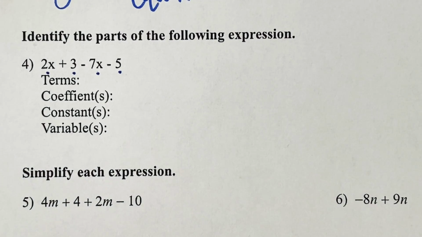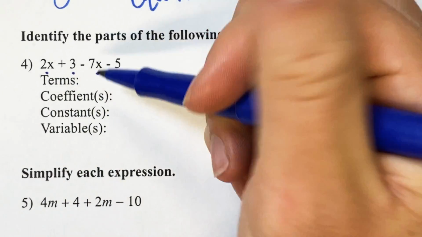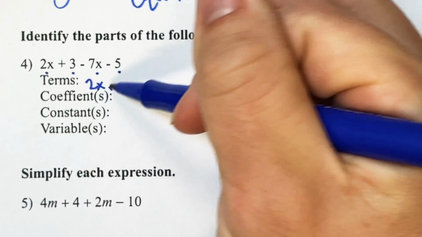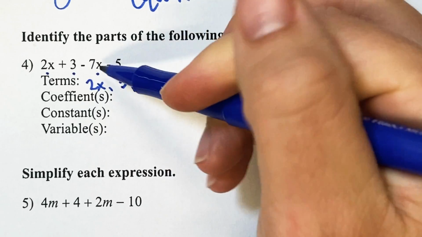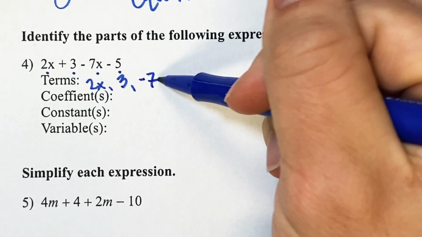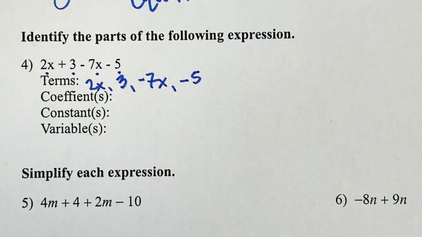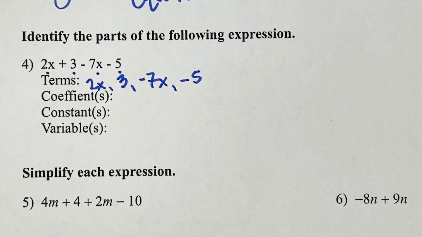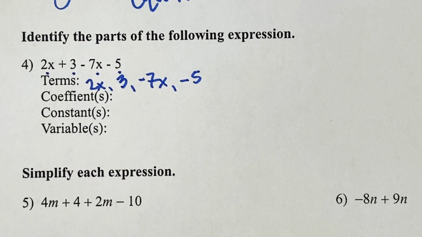Okay, this was one of the last things we actually learned in class if you were in school. Okay, so 4 terms, so let's list them out. So I have 2x, comma, my next one is a positive 3, comma, my next one is a negative 7x, okay, and my last one is negative 5. So those are all the terms in this math sentence.